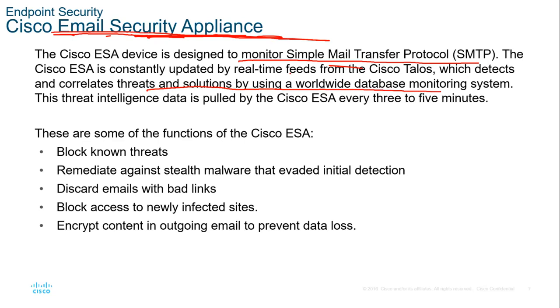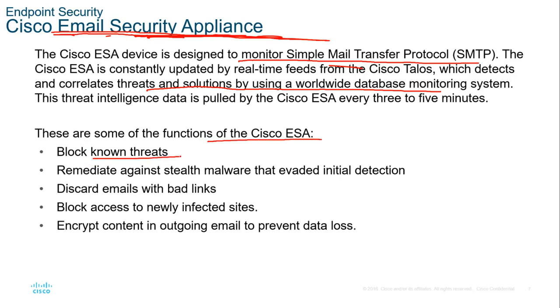It keeps updating, picks what is likely to be a threat in the database, and compares it with whatever is entering or exiting your network. These are some of the functions of the Cisco ESA.